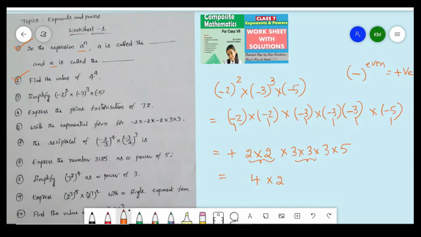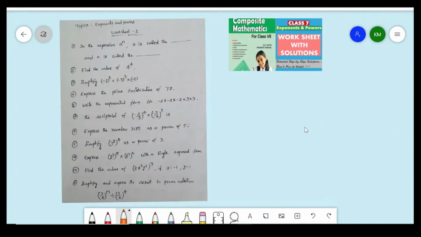Again there is one 5 here, so 4 multiplied by 5 is 20, multiplied by 27. 27 twos are 54, and a 0 is available here, that is 540, is the answer for this. Okay, I hope you understood this entire solution.